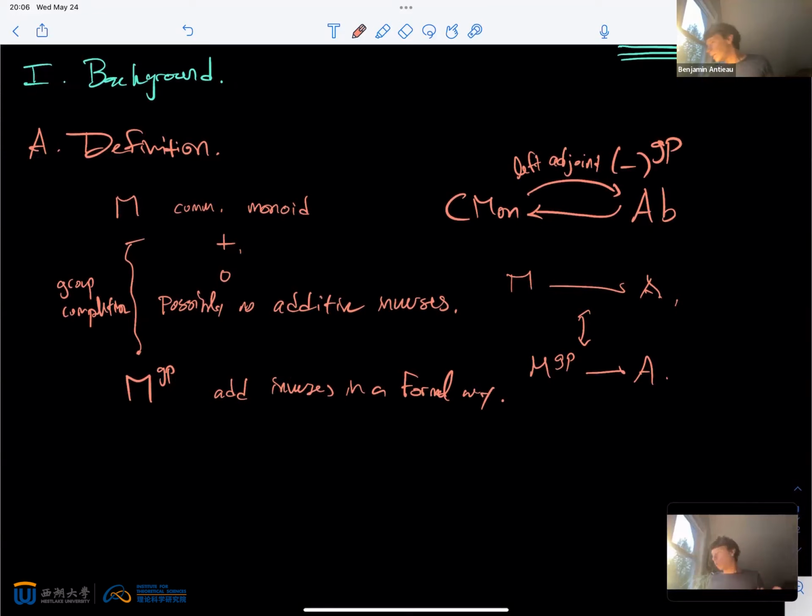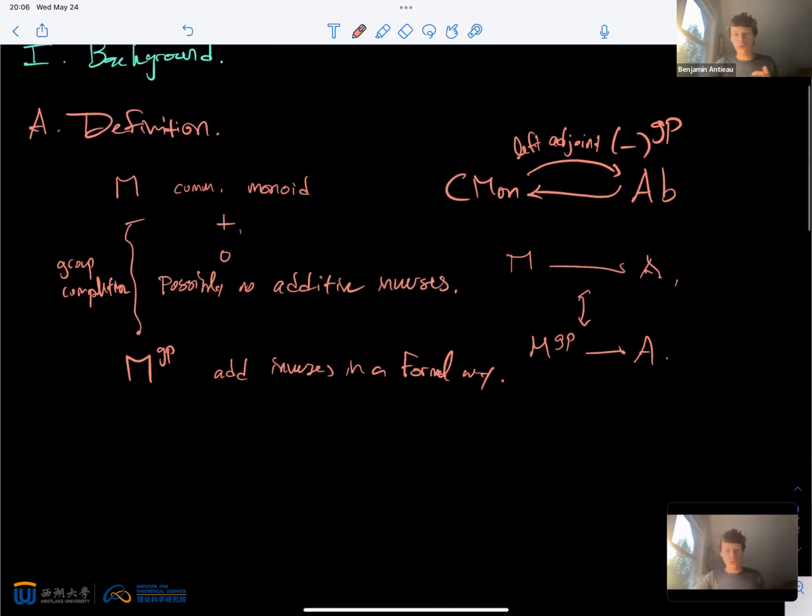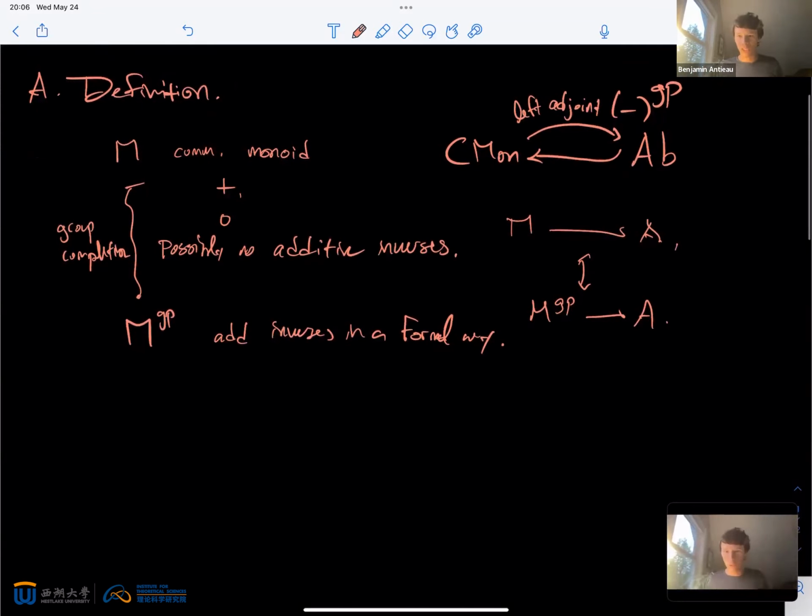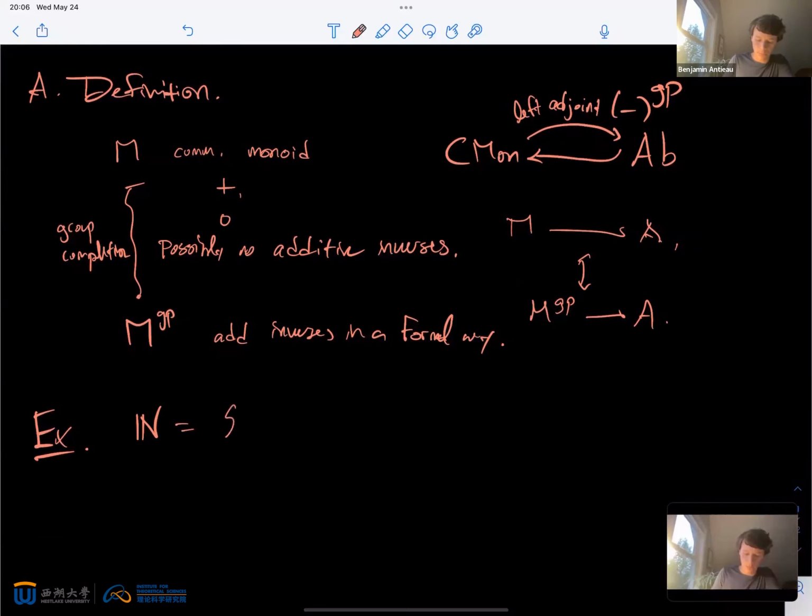Now, why might you care about something like this? Well, I don't know if in your life you've ever used negative numbers. I've done it once or twice. The standard example is to take N to be 0, 1, and so on. We don't have to fight about whether 0 is in the natural numbers or not.